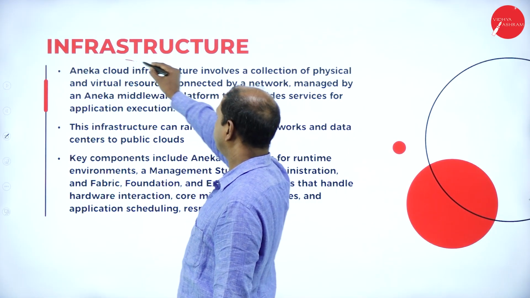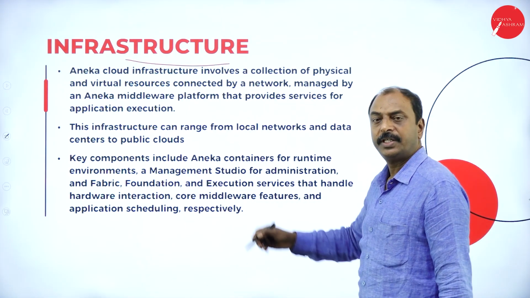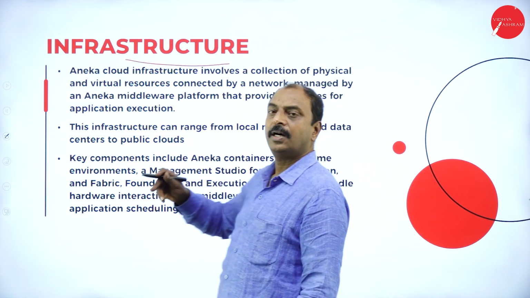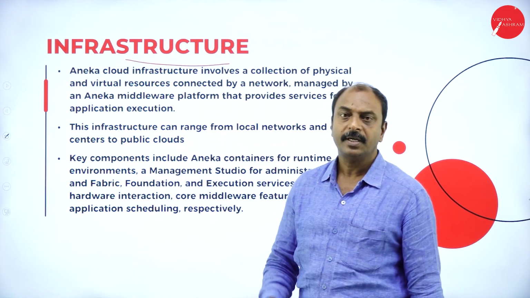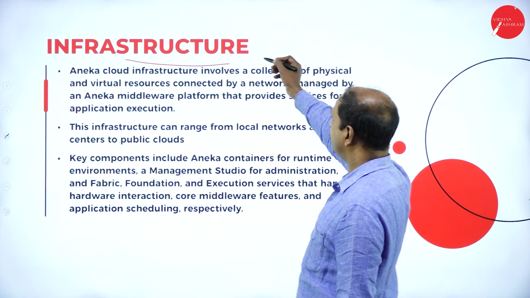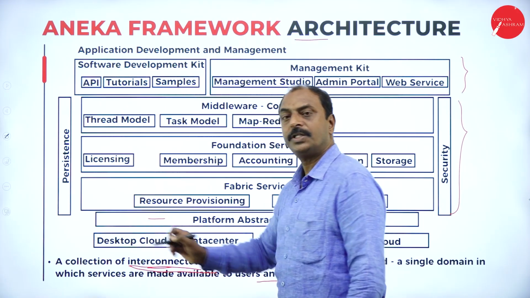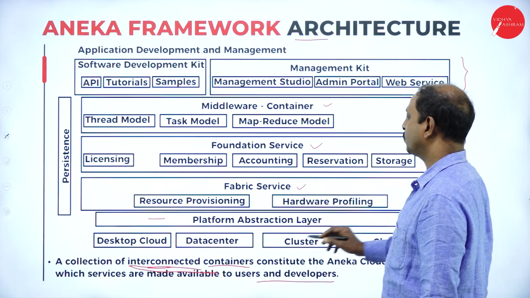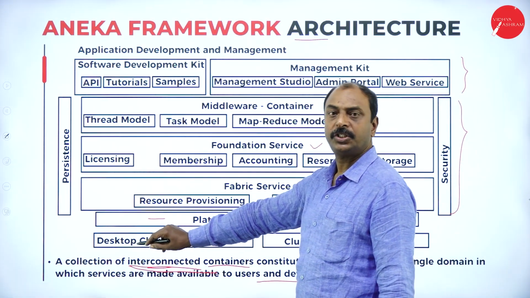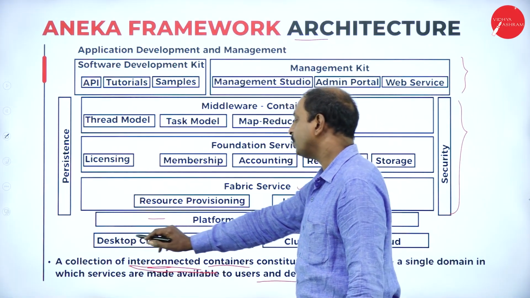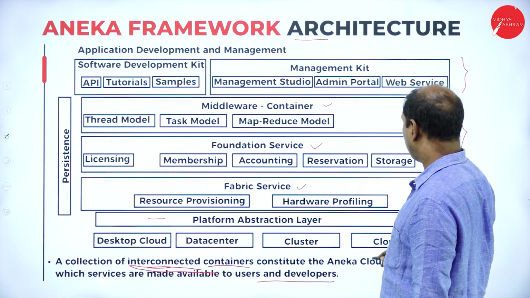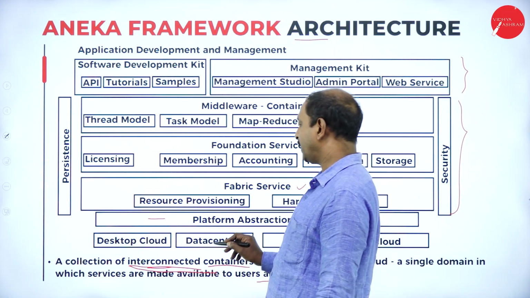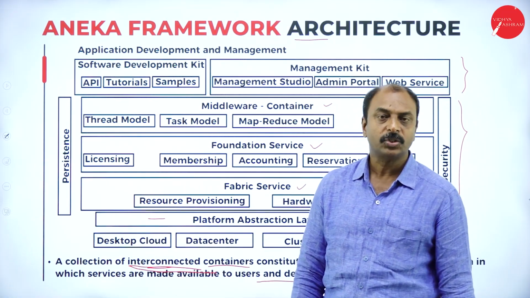the infrastructure layer. What we have seen so far is the application and management layer, like PAL. Next one is the infrastructure layer. The infrastructure layer is at the bottom of this layered architecture. It is a group of hardware resources like cloud service, cluster, data center, and desktop cloud.